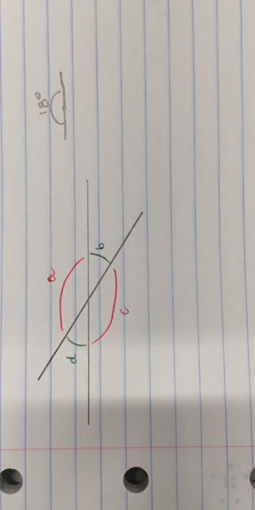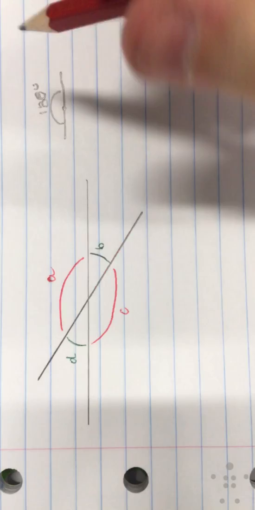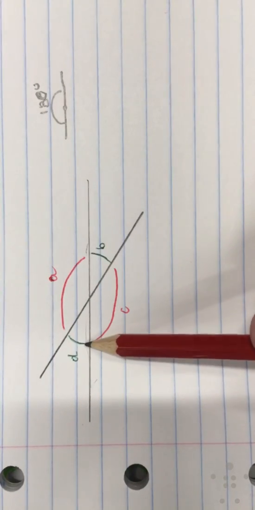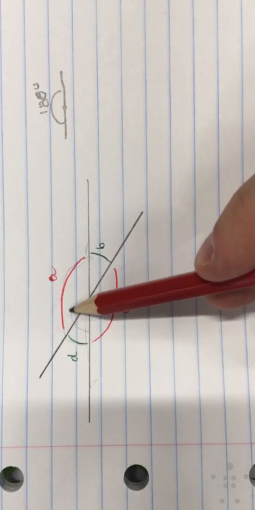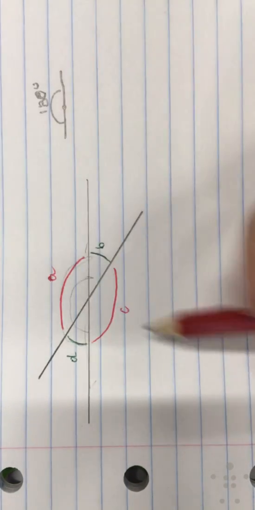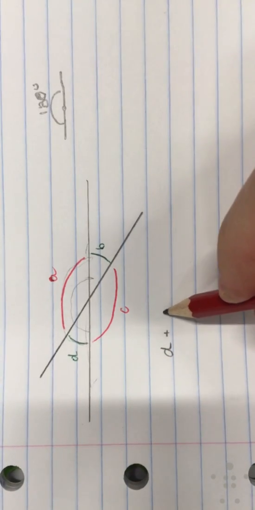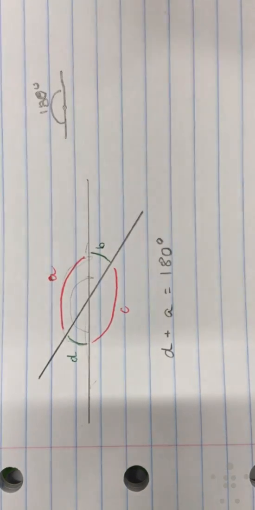Always. 180 degrees. So if you have a straight line, and it's always 180 degrees, and we have a straight line here, so we know that D plus A all together, draw a little one on the inside, D plus A equals 180 degrees. Okay, easy enough.